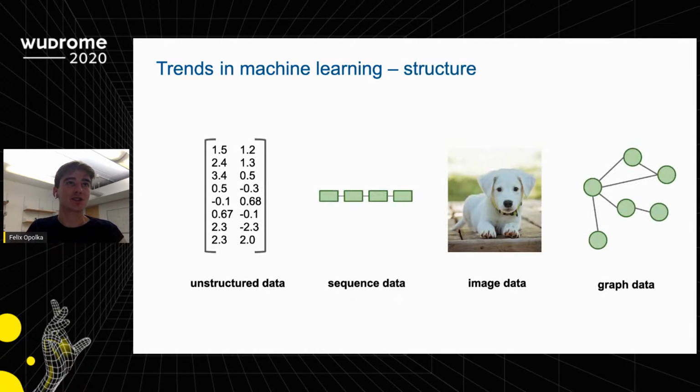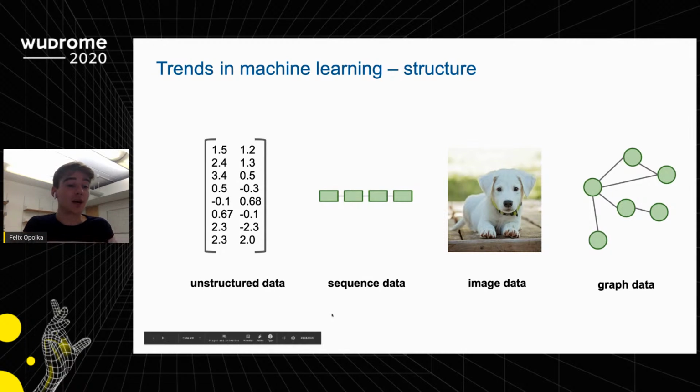Another trend in machine learning, the second one that I'm very excited about, because this is also what my research is concerned with, is structure in machine learning. This might sound a bit abstract, but structure essentially means that there is some structure to our data. Here are some examples. There is truly unstructured data that is just a collection of numbers, and you try to make sense of that somehow. That's the simplest form.